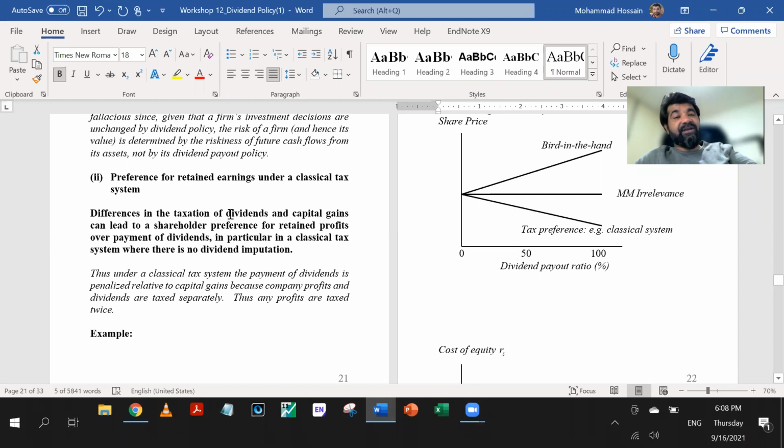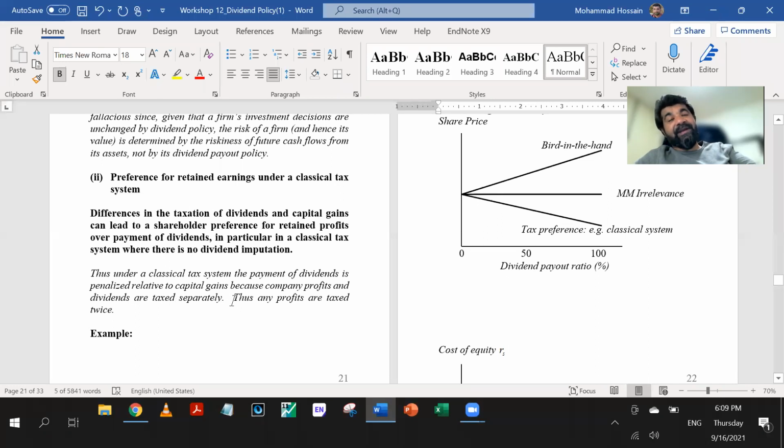Okay, preference for retained earnings under the classical tax system. Differences in the taxation of dividends and capital gains can lead to a shareholder preference for retained profit, and against overpayment of dividend in particular. Under a classical tax system, the payment of dividend is penalized relative to capital gain because company profits and dividends are taxed separately.